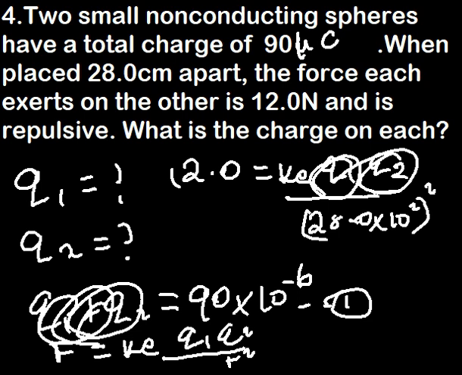So pause the video and try that one at your own time. This is how you should understand Coulomb's law and some of the questions associated with the concept. Thank you.